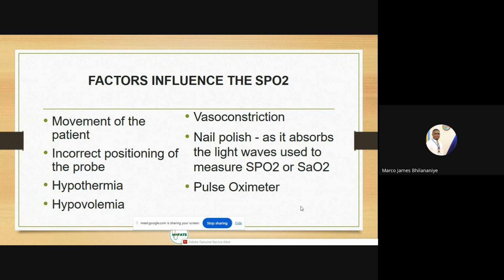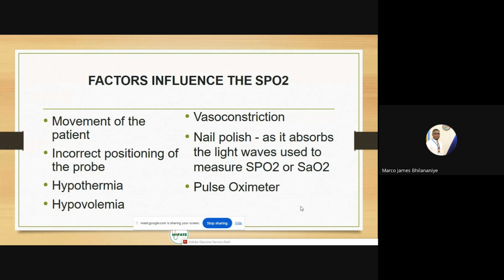Hypovolemia affects the perfusion of the tissue. Again, vasoconstriction also affects the perfusion to the tissue. Nail polish may absorb the light waves used to measure SpO2, and thus will affect the quality of the oxygen saturation reading, as well as the oximeter itself might not be working properly.